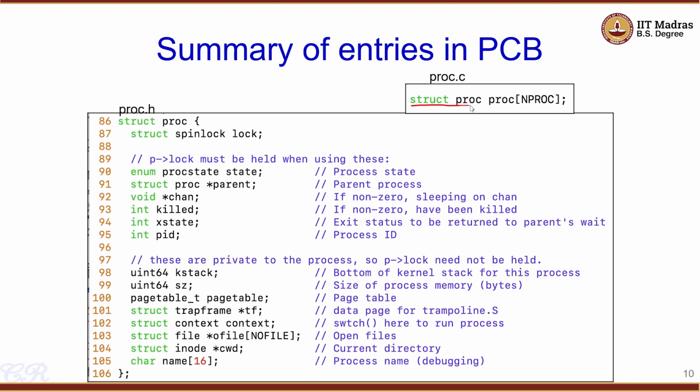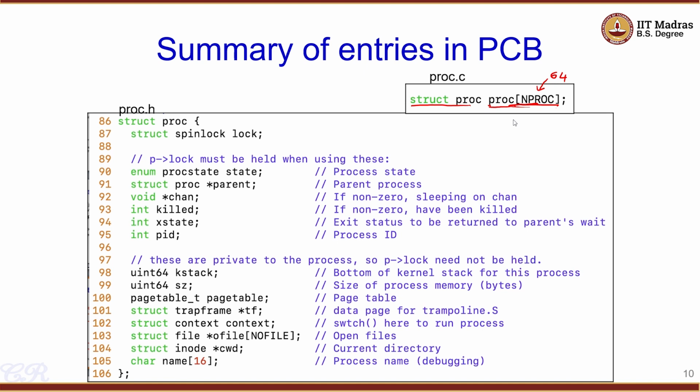What is important for us is that this struct proc is used to define an array of procs, defined by NPROC as follows. The NPROC is some number, typically 16 or 64 or something like that, which defines the number of proc structures that you want.